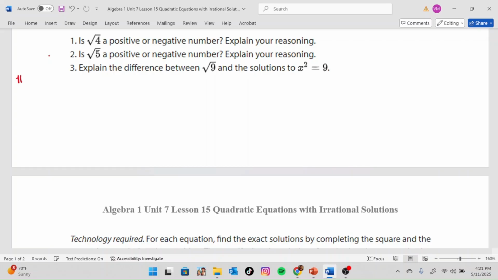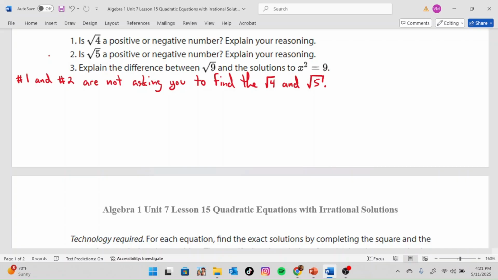Number 1 and number 2 are not asking you to find the square root of 4 and the square root of 5.